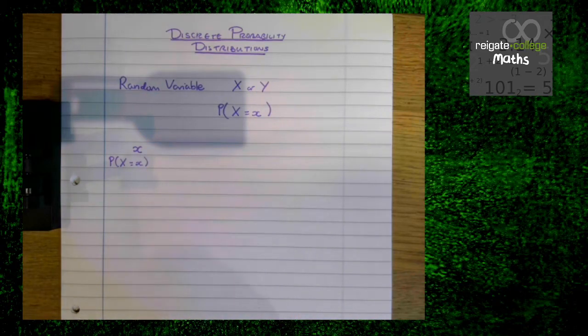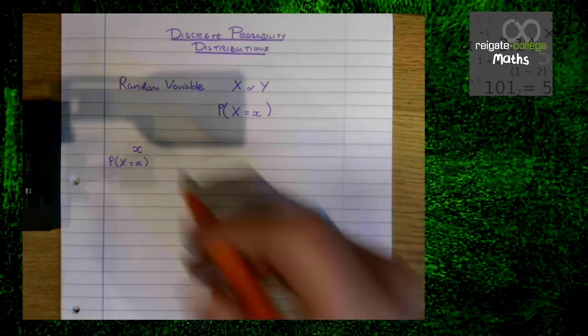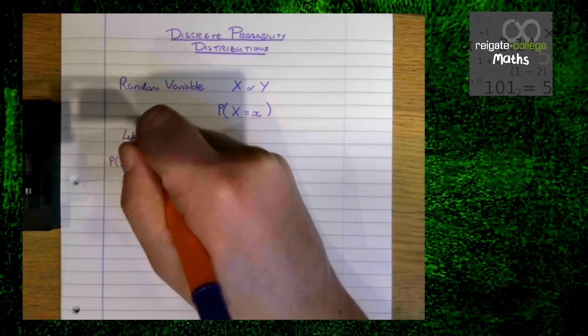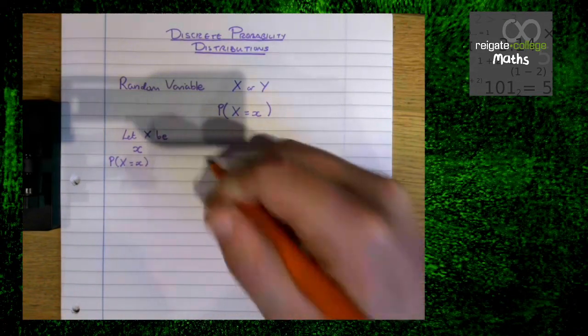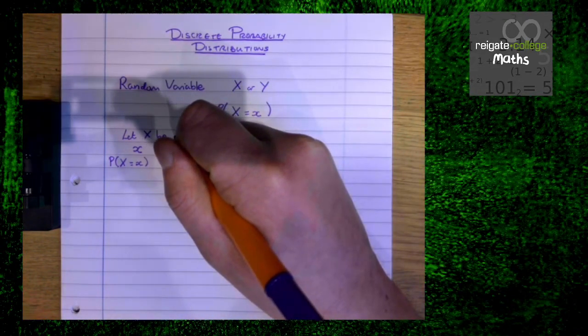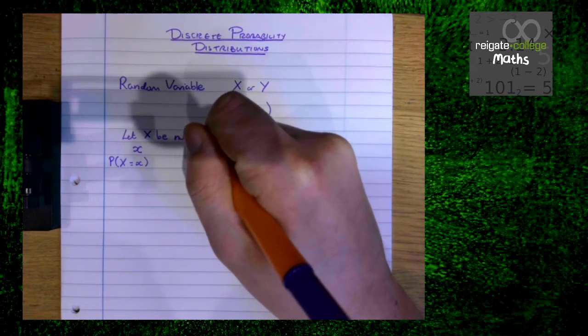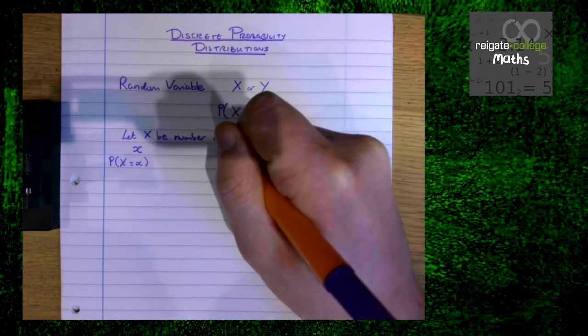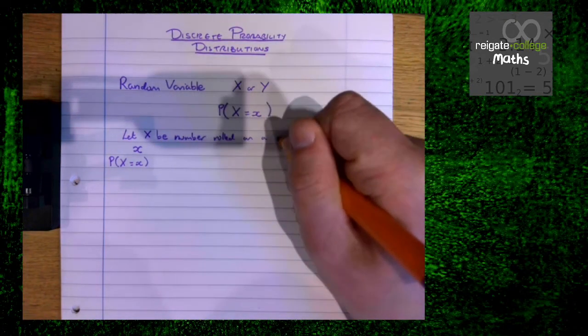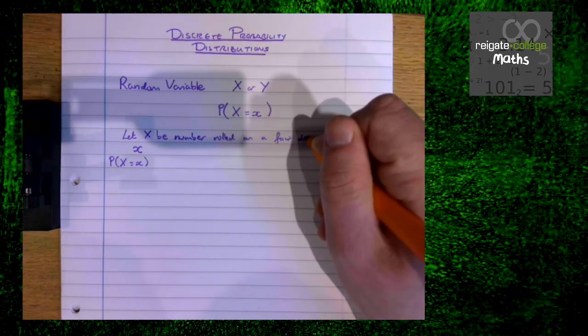Now, typically when we start talking about this kind of probability, we need to define what X is first. So we'll say let X be the number rolled on a fair die.